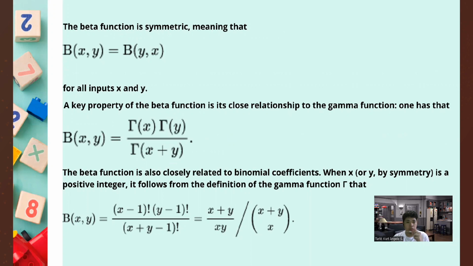A key property of the beta function is its close relationship to the gamma function. One has that B(x, y) = Γ(x)Γ(y) / Γ(x+y).